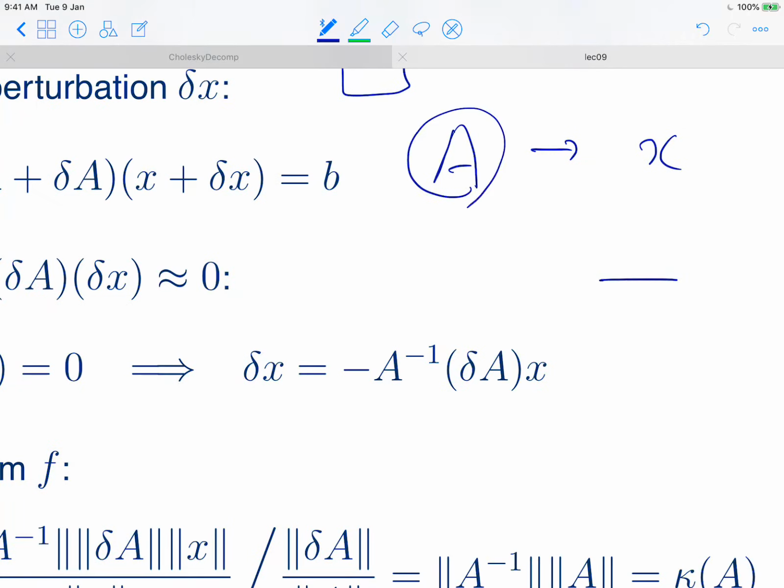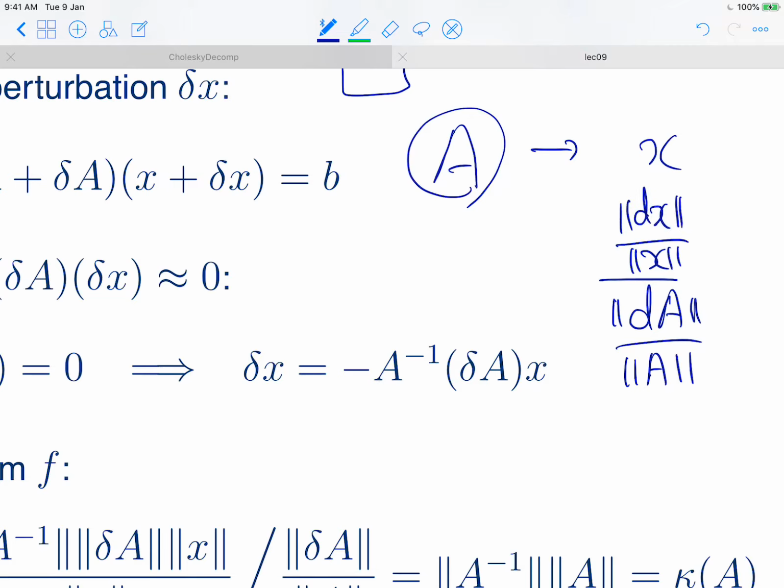So this is our input, right? Okay, so this is the definition of the relative condition number when A is our input and x is our output.